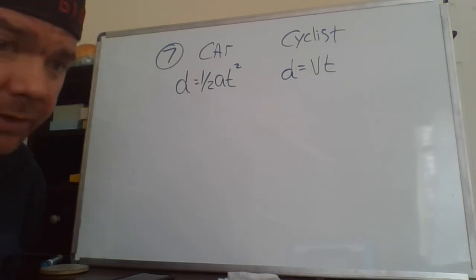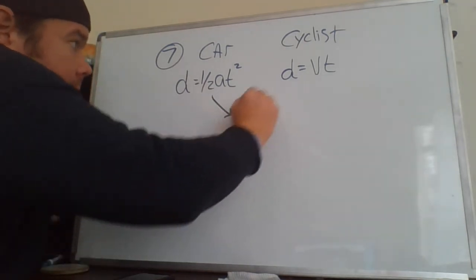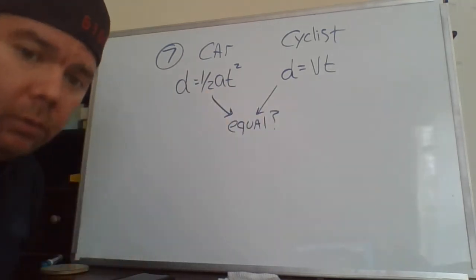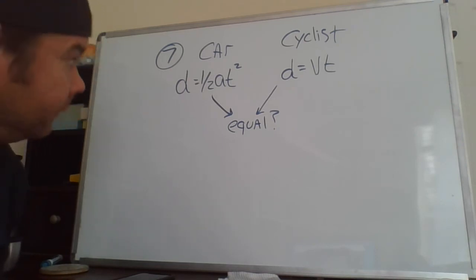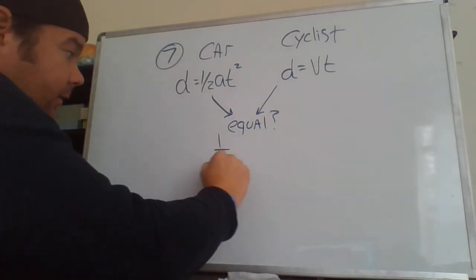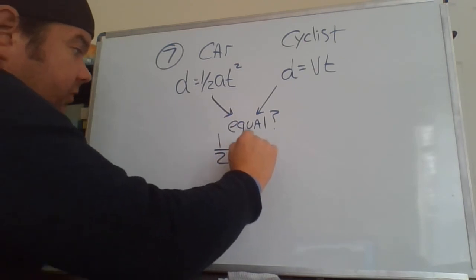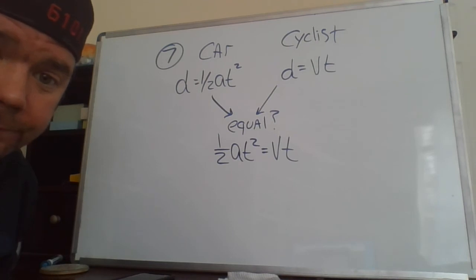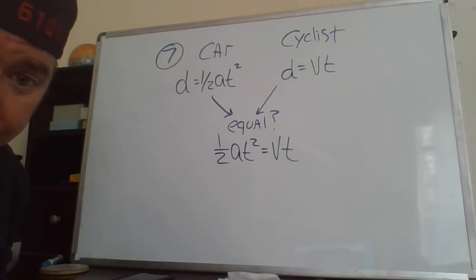The thing we're trying to figure out is when are these equal? So basically what we're saying is let's take the two equations and set them equal to each other. Yeah, I think that'll get us what we need.